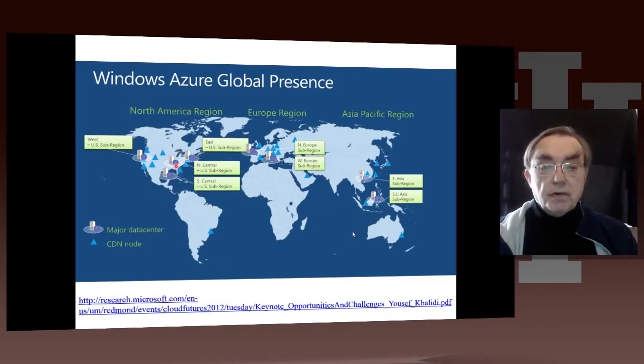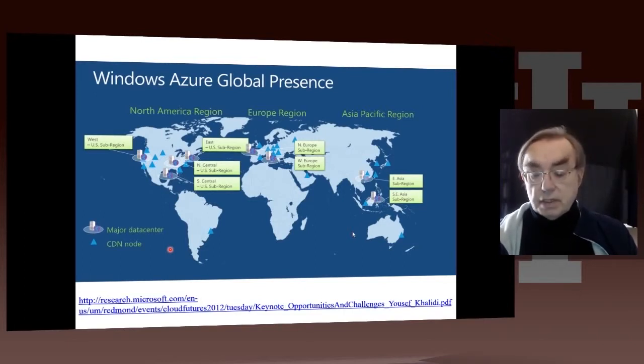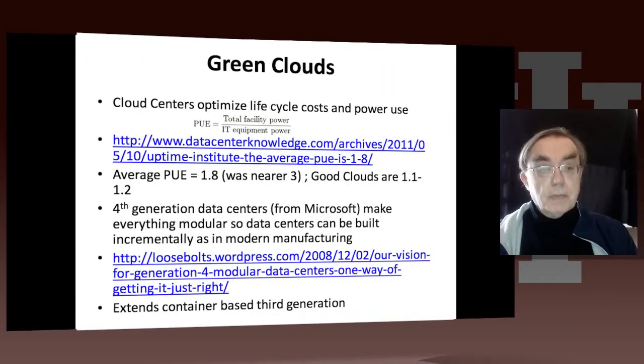They at that time had 4 centers in America, 2 in Europe, and 2 in Asia, these 2 major ones. And here are some presumably content distribution network nodes, which are sort of subsidiaries for aggregating traffic to these cloud centers.